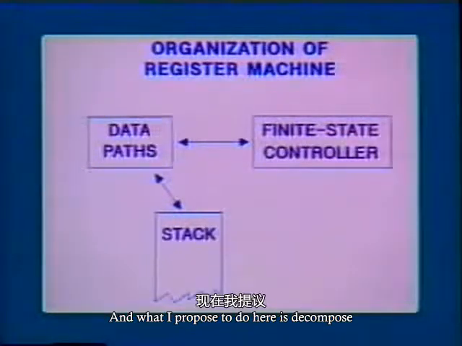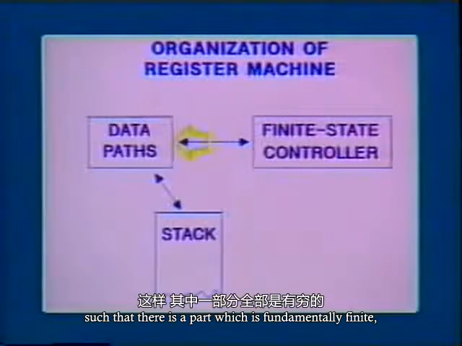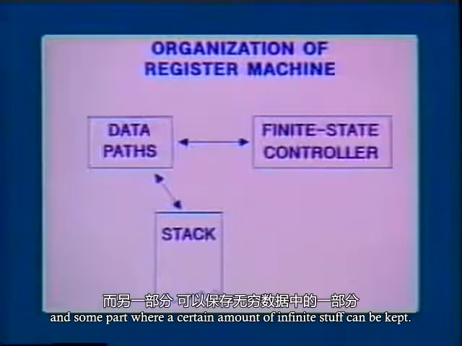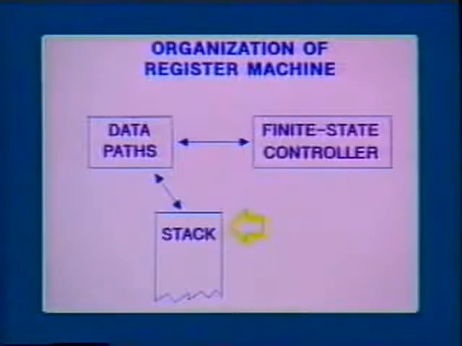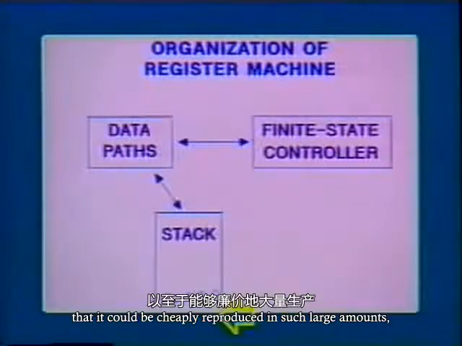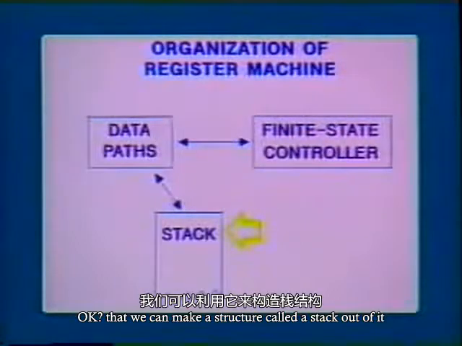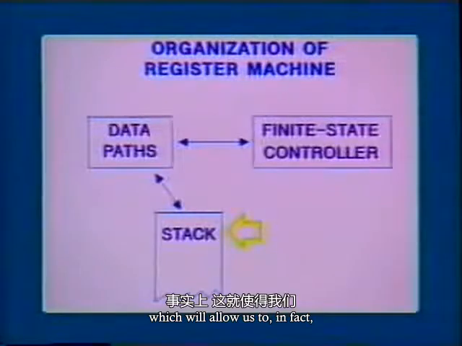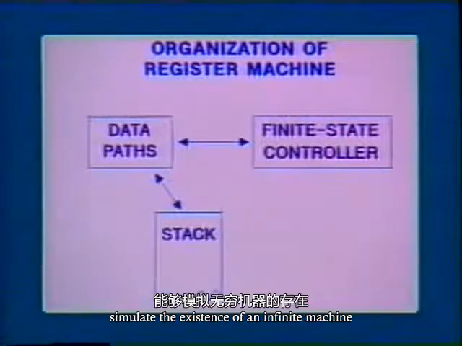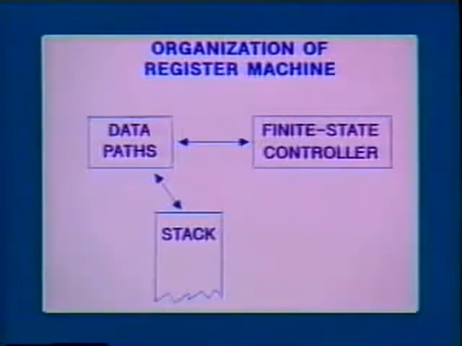What I propose to do here is decompose the machine into two parts, such that there's a part which is fundamentally finite and some part where a certain amount of infinite stuff can be kept. On the other hand, this is very simple and really isn't infinite, but just very large. But it's so simple that it can be cheaply reproduced in such large amounts, we call it memory, that we can make a structure called a stack out of it, which will allow us to simulate the existence of an infinite machine which is made out of a recursive nest of many machines.